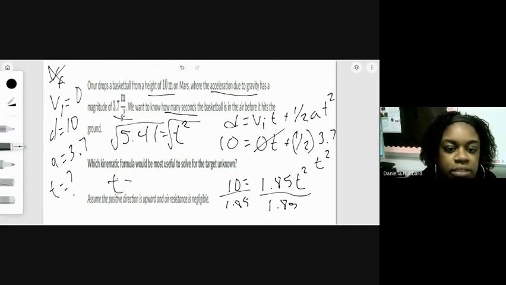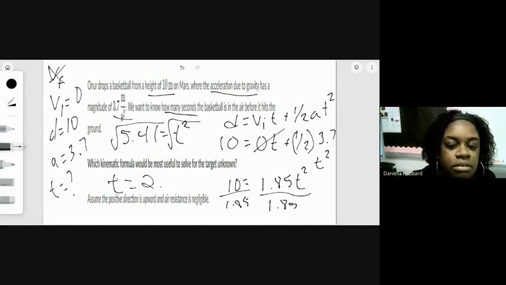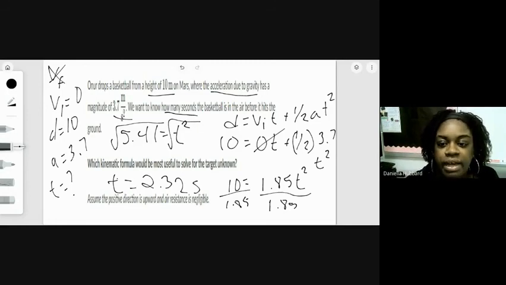Your T, your time, is going to be 2.32 seconds. And I'm just rounding to 2 decimal places. So we were able to find the equation based on the variables and the information that's on the side. We're using equation number 2 because it's the only one that does not have VF.